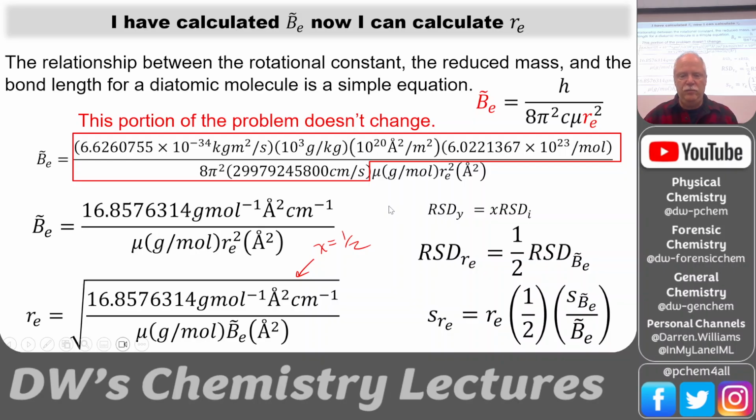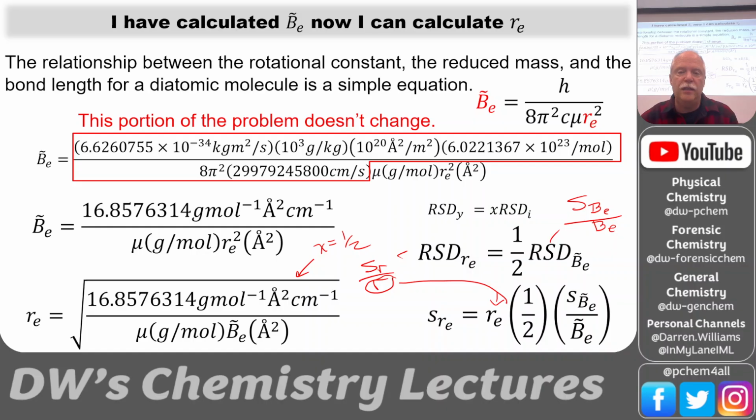The RSD of R is SR over R, and the RSD of Be is S Be over Be. I've moved this R over to the other side of the equal sign, and that's the uncertainty in our bond length. So that's the propagation of uncertainty that I'm talking about in the report. I've done it for you; it's right there on this slide.